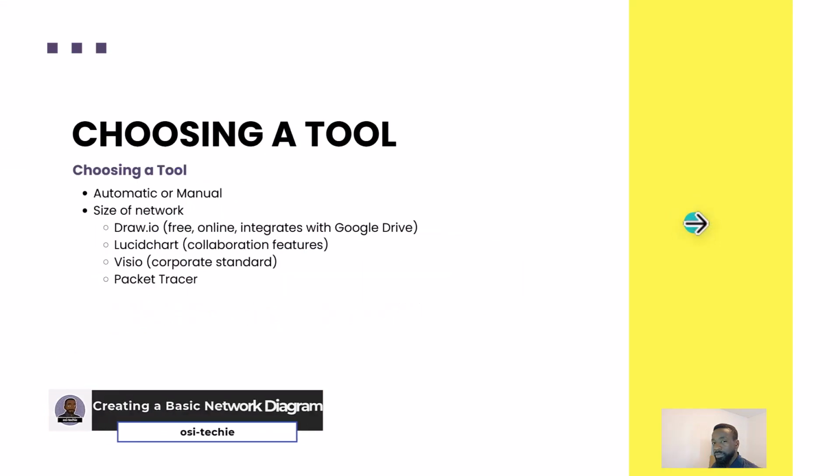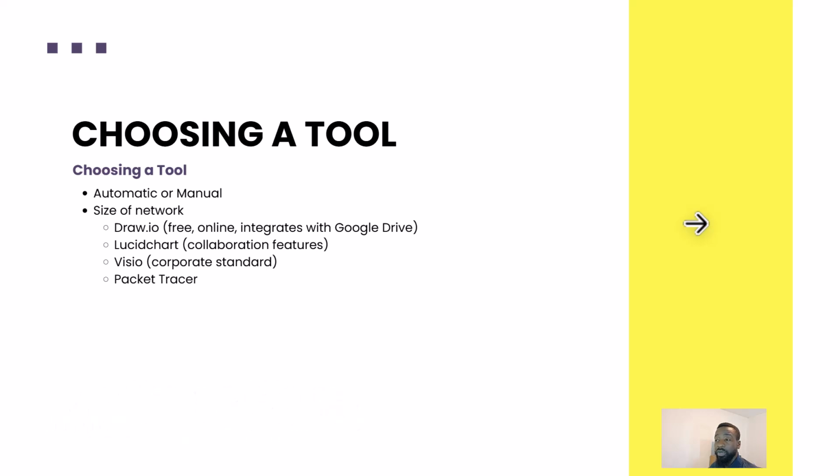Then the next thing we're going to be looking at is choosing a tool. There are numerous tools out there that you can use to document or come up with a network diagram. A few of them are automatic, whereby you can scan and it comes up with a network diagram for you. I think we all know that automatic scanning devices are not as accurate as we would want them to be sometimes, right?